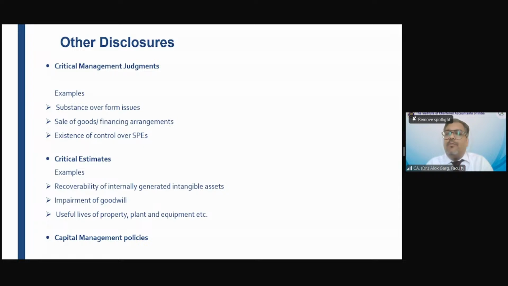Can you tell me, the number of property, plant and equipment in the balance sheet, whether it will always be an accurate number or it is a best estimate? Just think like a chartered accountant and then answer my question.